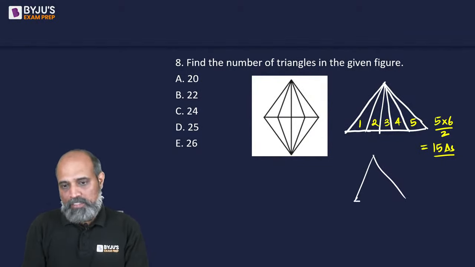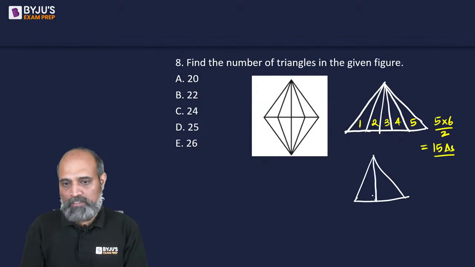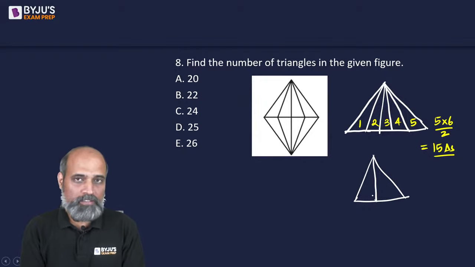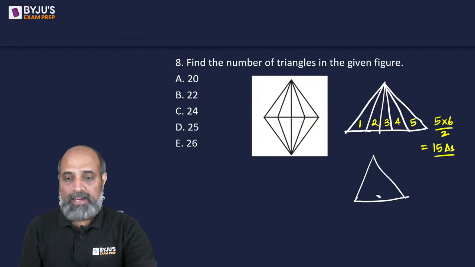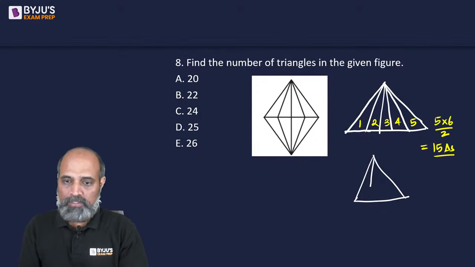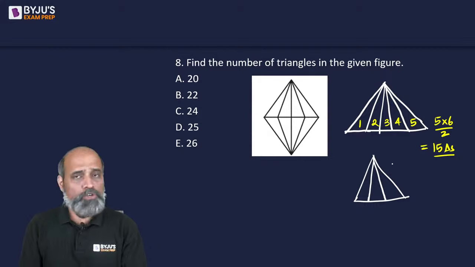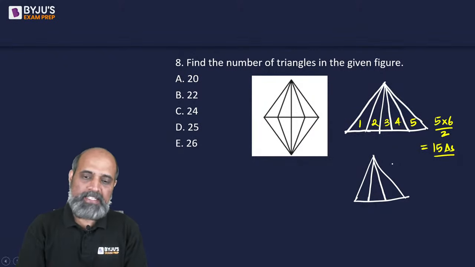Actually, what happens is when you have just one triangle, there is one triangle. But the moment you draw one line, there are not 2 triangles, there are 3. Two small and one big. And the moment you draw 2 lines from the same vertex, of course, you don't get 3 or 4 triangles. You get more than that. You get 6. How will it be 6?